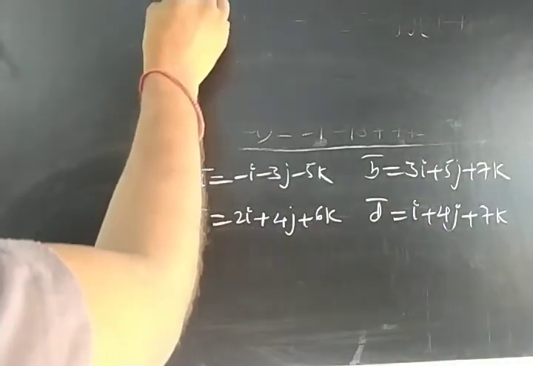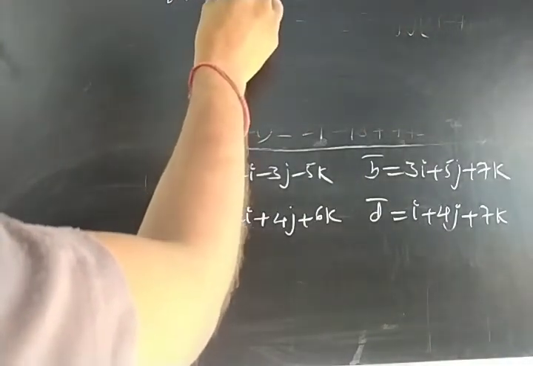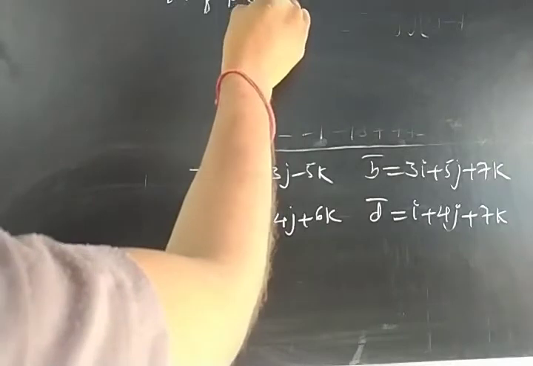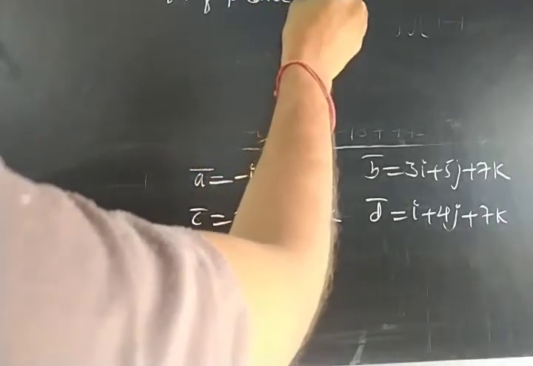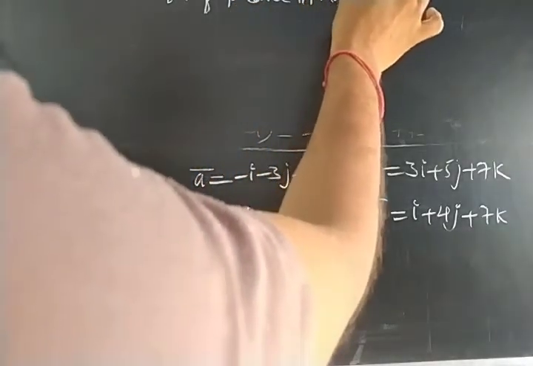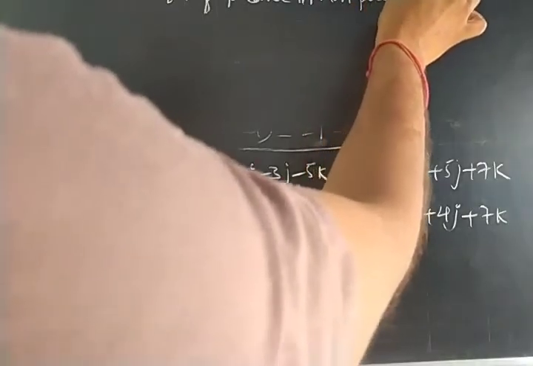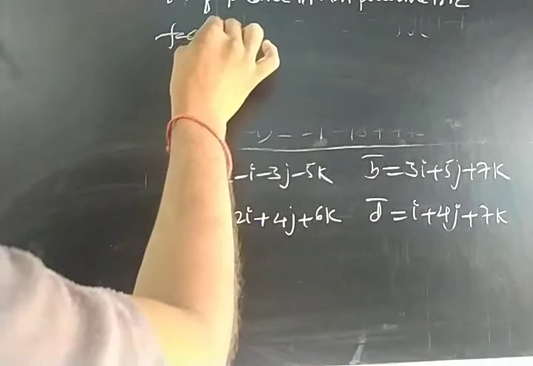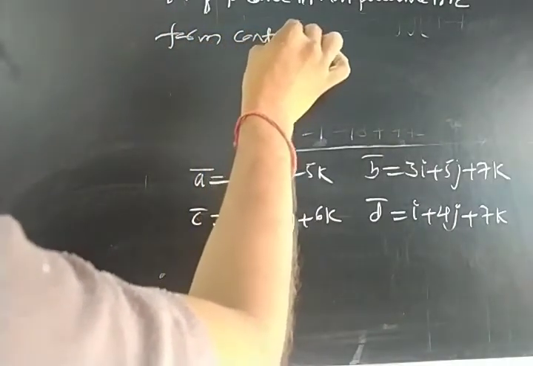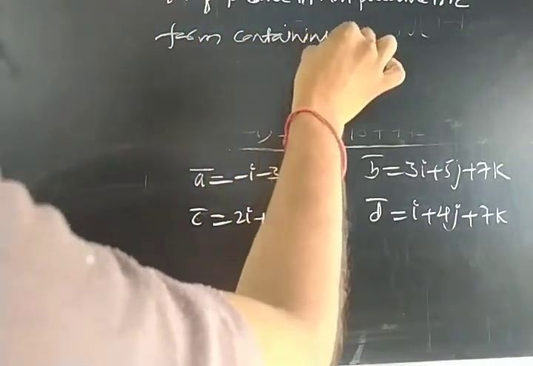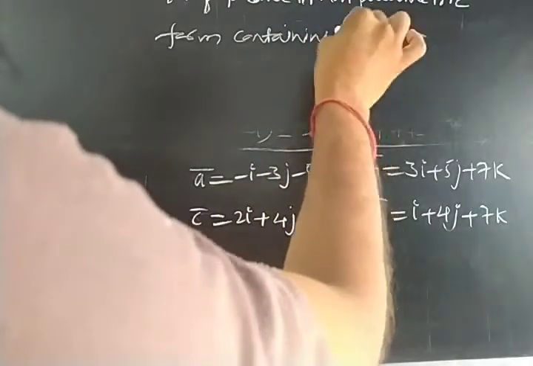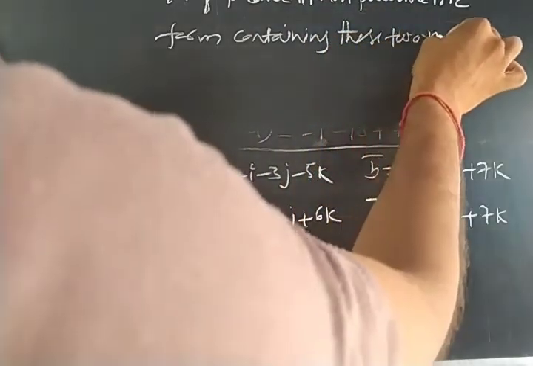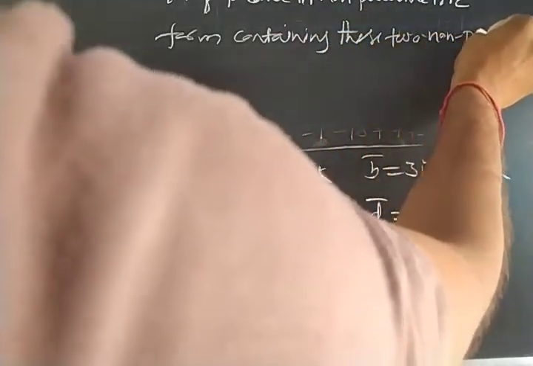Now the equation of plane in non-parametric form containing these two non-parallel coplanar lines.